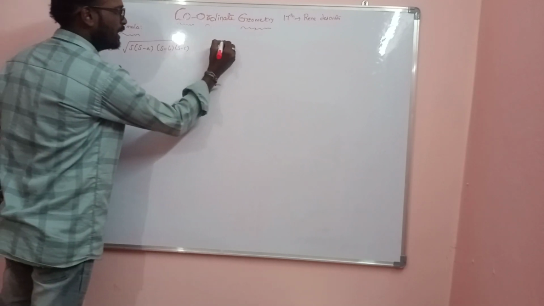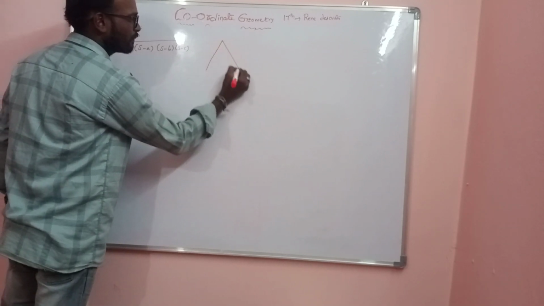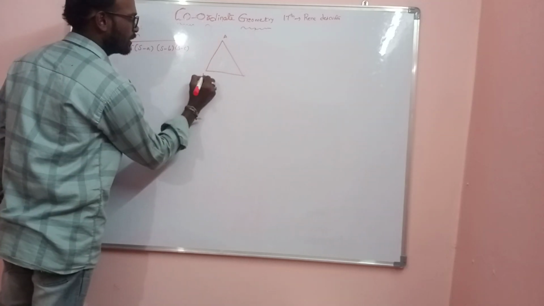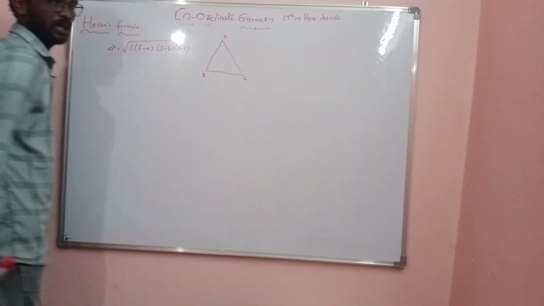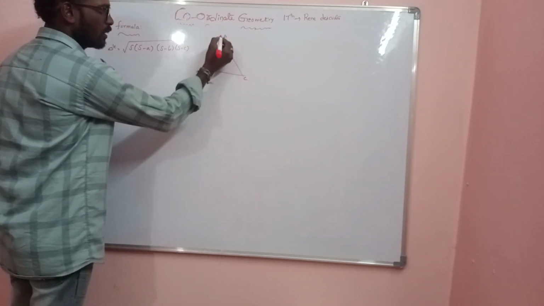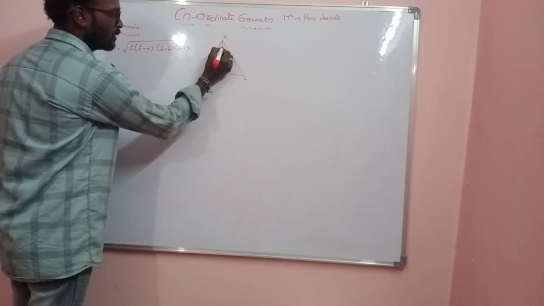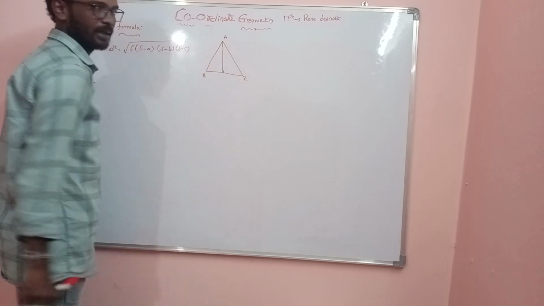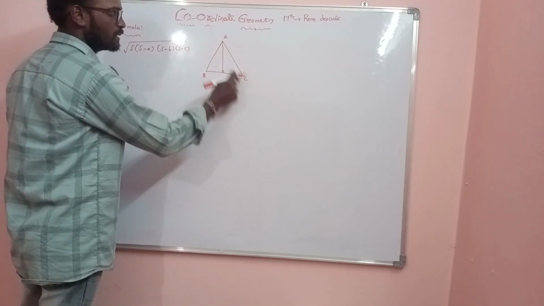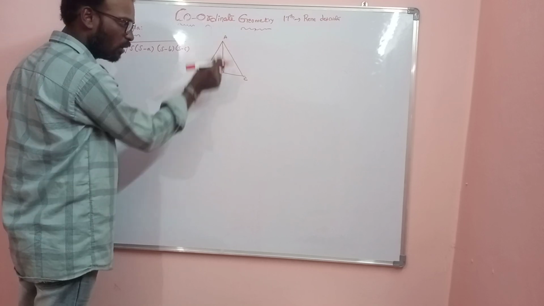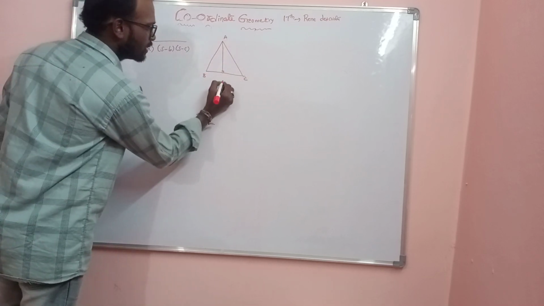Let us consider a triangle. The vertices are A, B, C. BC is the base. It is a right angle triangle, BC is perpendicular to A. That means the side opposite vertex A, BC, is taken as small a.